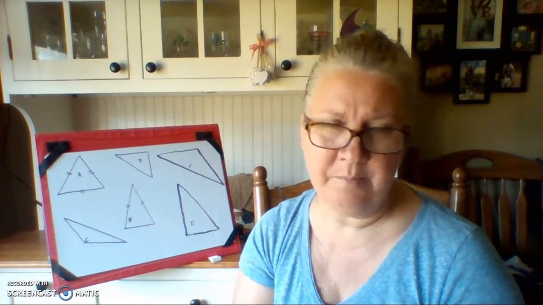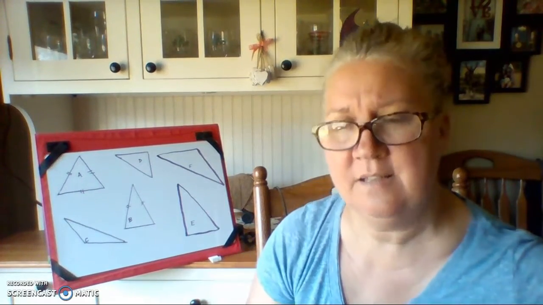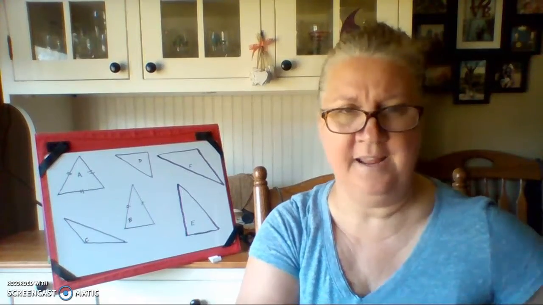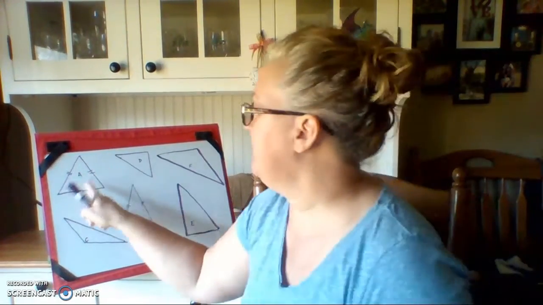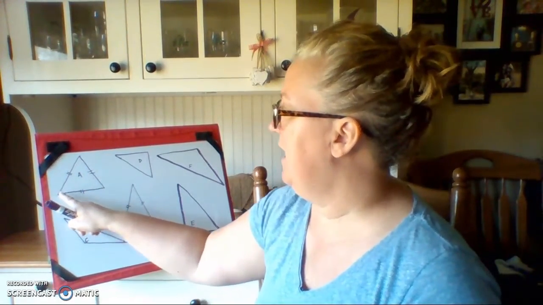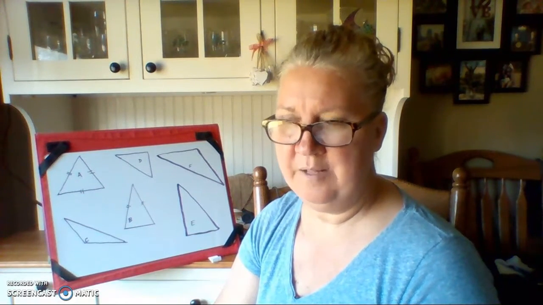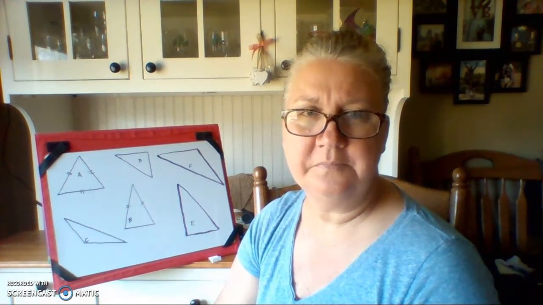And there's another particular way of thinking of triangles and their angle measurements. And so if triangle A has 3 equal sides, what do you think about those angles? What do you think might be true about those angles? Do you think those angles might also measure the same if these 3 sides are equal?